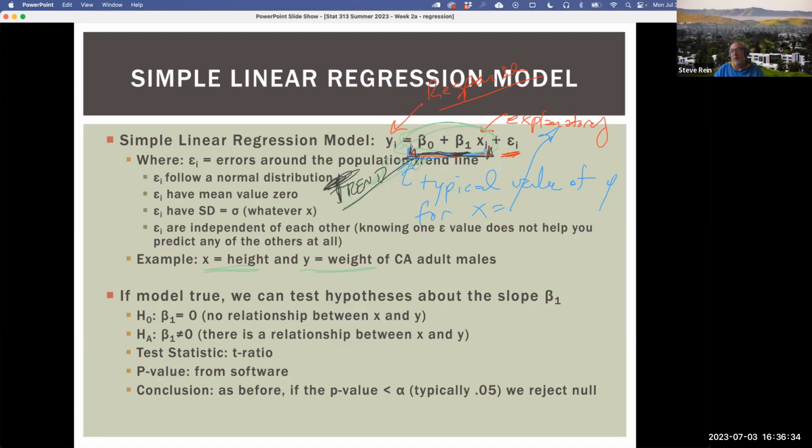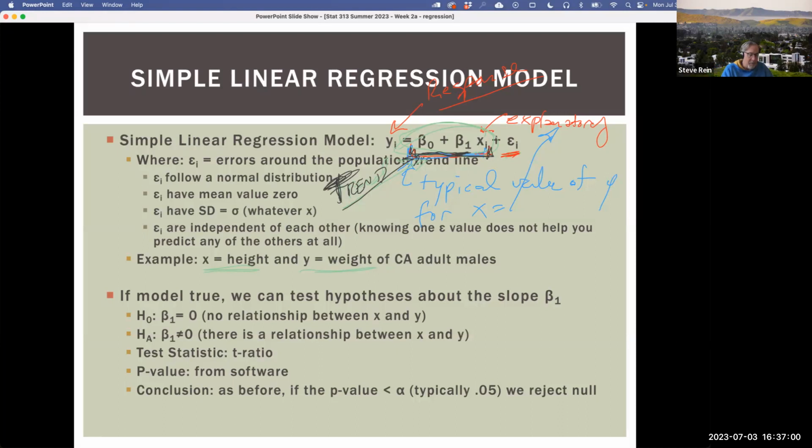I'm 32 pounds above average. My epsilon is plus 32. For someone who's 5'8.5", they should on average weigh, say, 200 pounds. If they were only 195 pounds, their epsilon would be -5. The epsilon tells how different each individual is from the average true underlying trend line relationship.